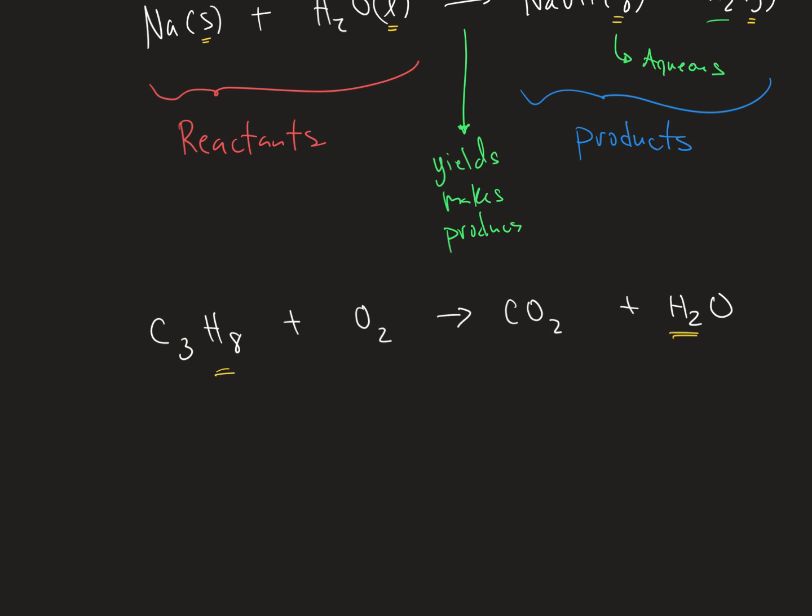So what we have to do is we must balance the equation. Never, ever, ever balance the equation by changing the subscripts in the compounds. Okay? If we change these, it changes what compound we're dealing with. We cannot change these.